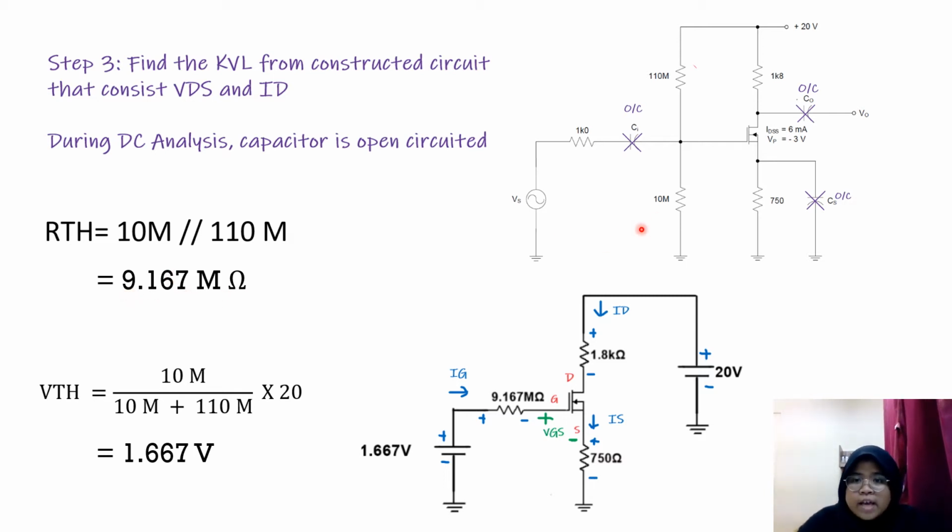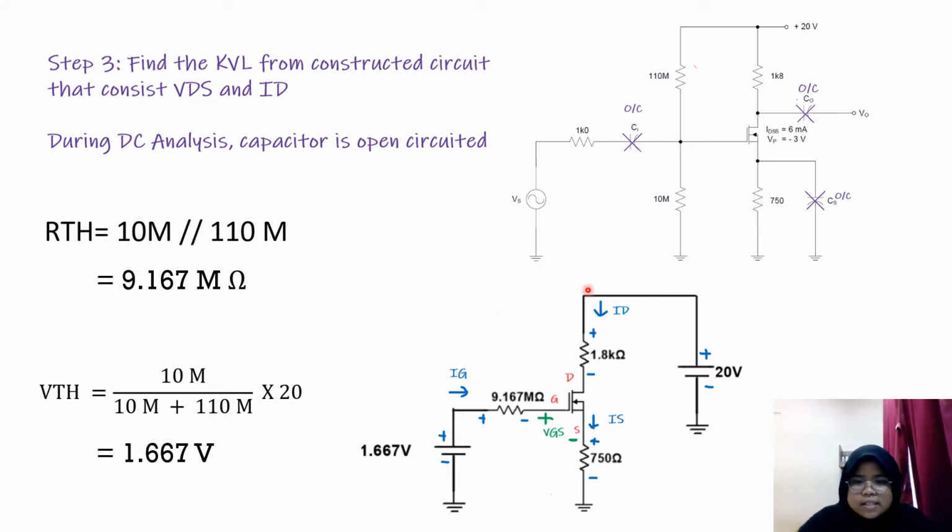To find the value of VTH, it is 10 divided by 10 mega plus 110 mega, times the 20 volts. So the value of VTH is equal to 1.667 volt. After finding RTH and VTH, we have to redraw the circuit like this.